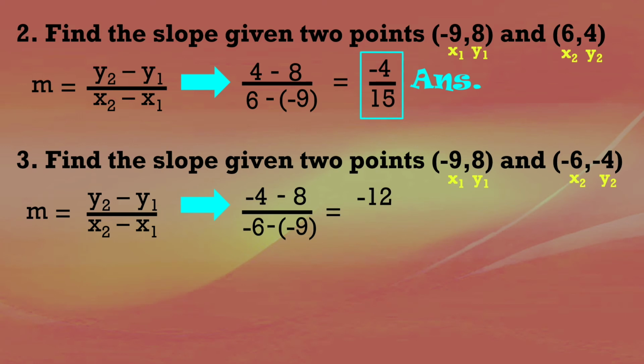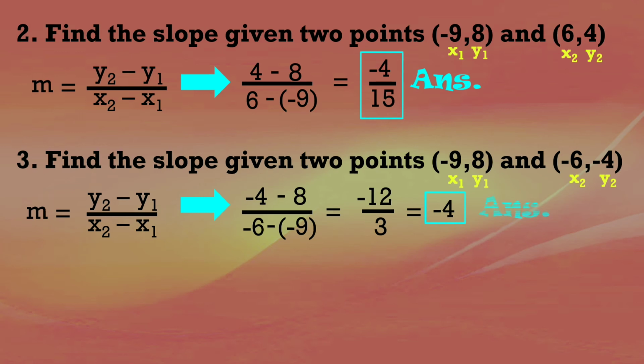So, rules of integers. Dapat alam nyo yan. Over. So, negative 6 minus negative 9. So, diba, ito ay magiging positive 9 na. So, negative 6 plus 9. So, unlike sign, kaya minus. So, 3. So, negative 12 over 3. So, pwede natin siyang i-lowest term. So, ang sagot natin ay negative 4.